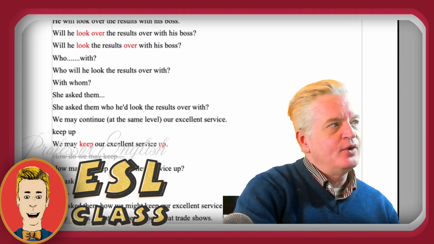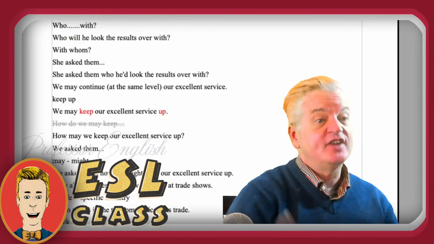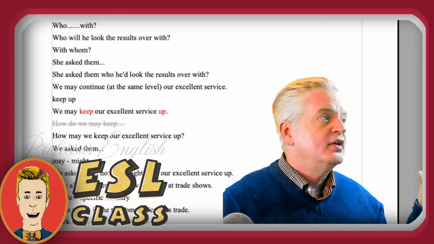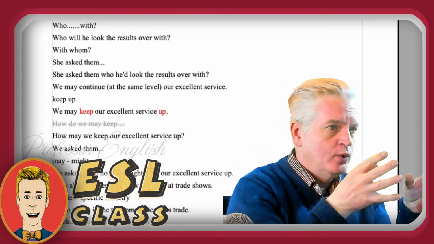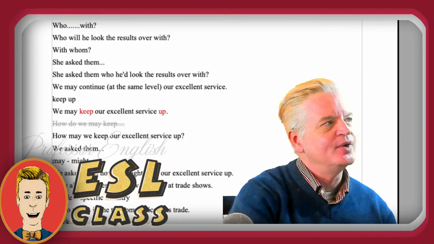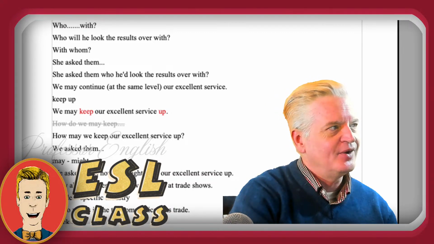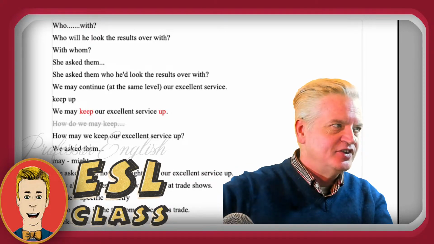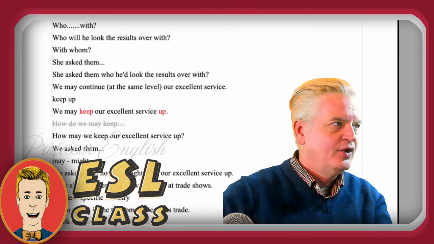Okay, since we answered no, no, he won't look the results over with his boss. Let's make a who, with question. You can see here on the screen how this should look. So we start with the question word who, and we're going to finish our question with the word with.